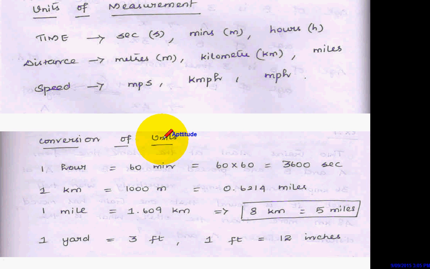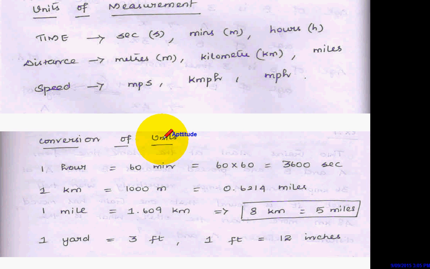Time we can measure in seconds, minutes and hours, and for distance we can have meters, kilometers or miles. Similarly, for measuring speed, we have units like meter per second, kilometer per hour or miles per hour.